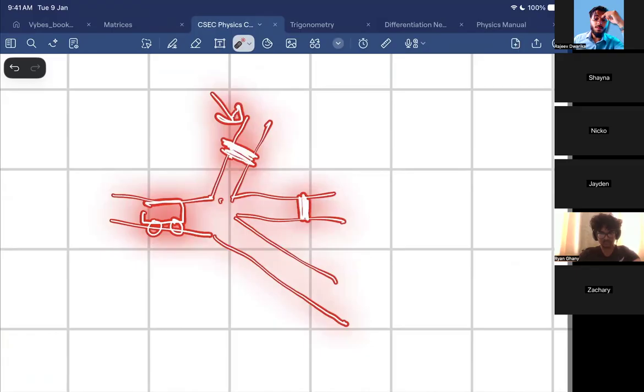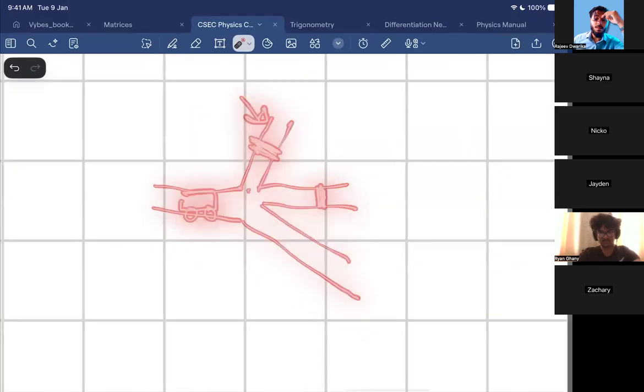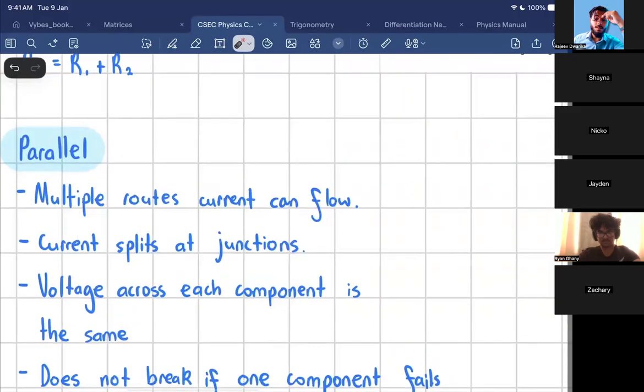Take another road. Right? So in a parallel circuit, it's similar. You have multiple paths to take. So if one component stops working, will the whole circuit stop working? No, because you have more than one path for current to take. Cool. So in a parallel circuit, there are multiple routes current can flow.